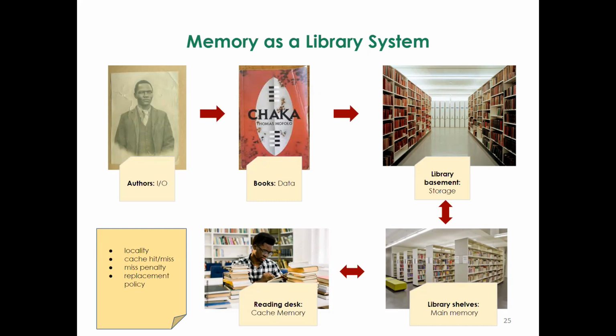And of course, in the illustration of the library, the knowledge that authors generate is encapsulated in books, and then in our computer system, we have data, which can really take many forms.